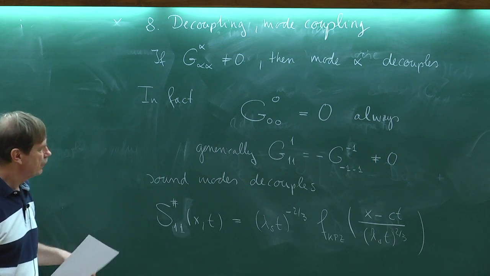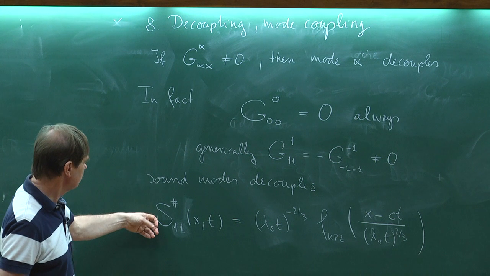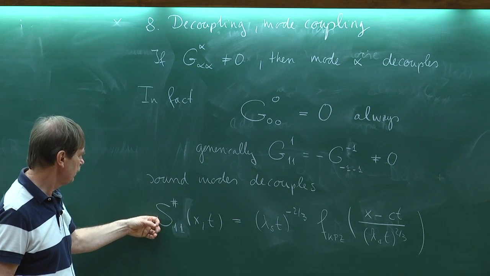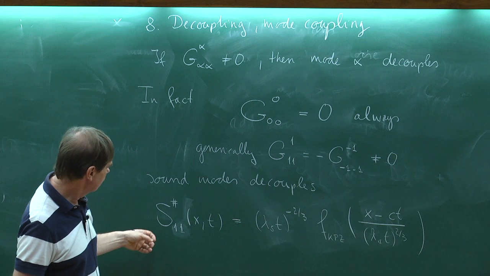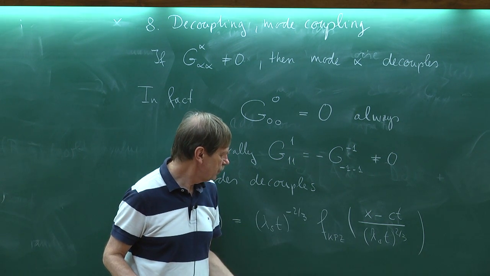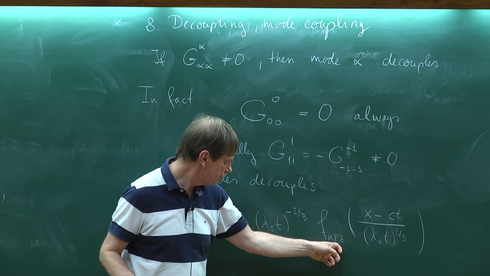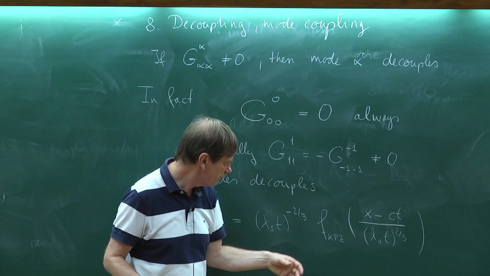So we made one prediction, namely that if I assume that I can really identify this with the microscopic model, or take this as a prediction, then if I look at the sound mode for long times, it should have that very particular scaling. There's a scaling exponent 2/3. There's a scaling function, which is explicitly tabulated.